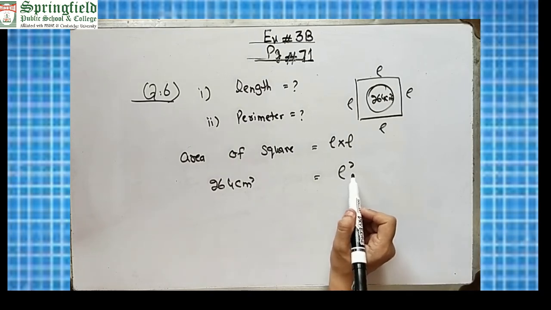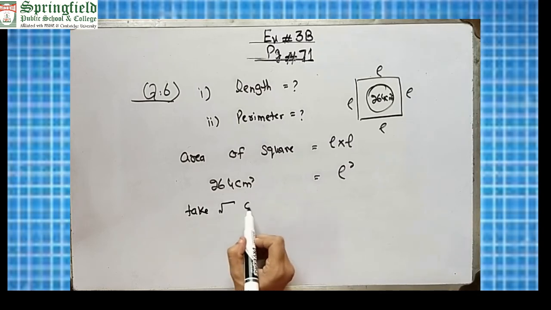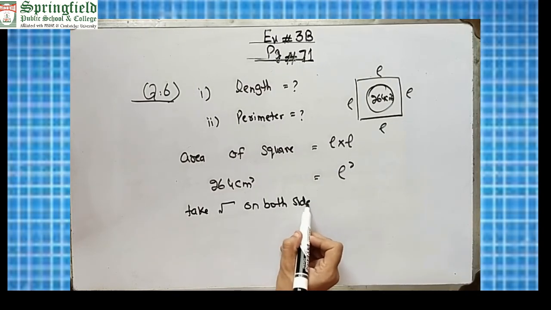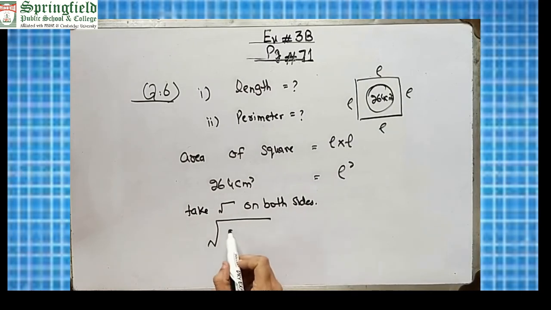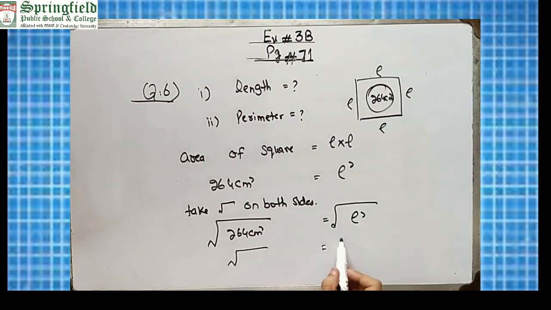Now what will we do? We will take the square root on both sides, the square root of 264 centimeter square and the square root of L square. As we know, the value of the square root is 1 by 2.